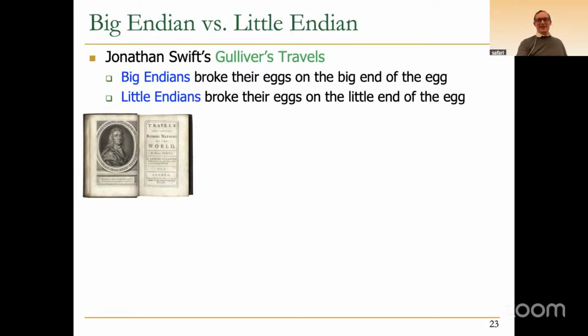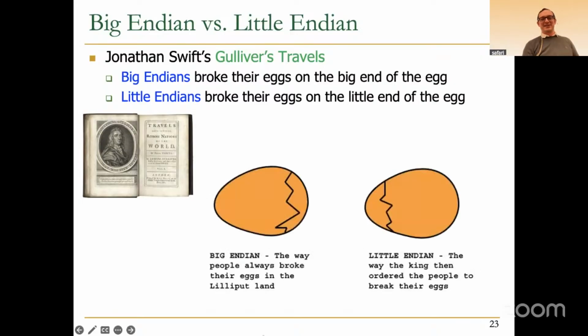You know, eggs look like this, right? They're asymmetric. They're not symmetric in general. And some folks decide to break their eggs on this side, the big side. They're called big endian. And some other folks decide to break their eggs on the left side, the little side. They're called little endian. Make sense? Why do they do it this way?